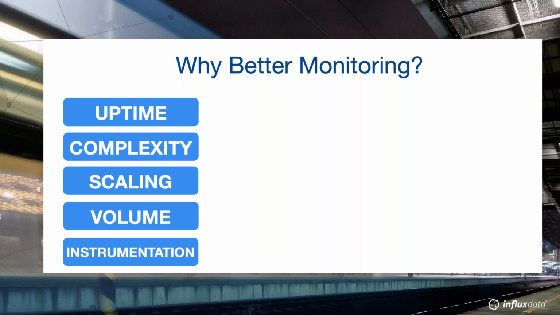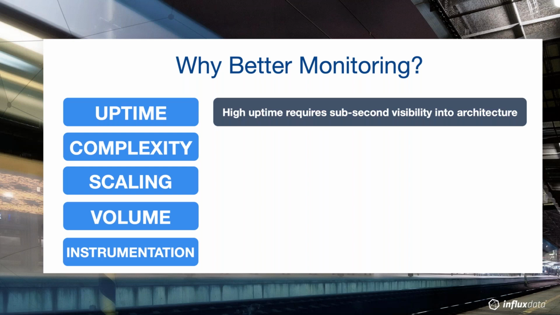When you start monitoring modern applications built using modern application paradigms such as microservices, low code, and process-driven apps, suddenly the old monitoring tools are not enough. So let's start from the top. Why? High uptime is at the core of the architecture. When you're building modern apps, you want them to be up all the time.